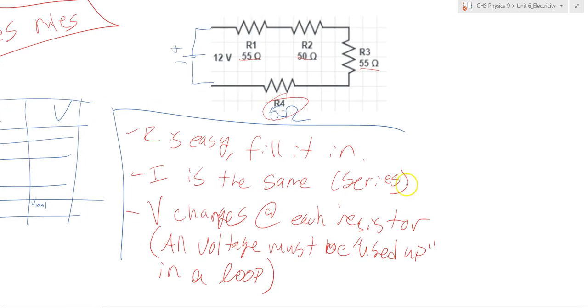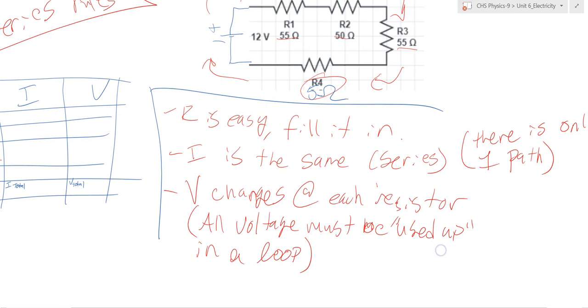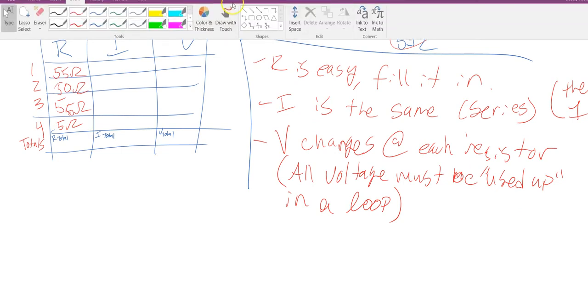And the reason why the current is the same, if you're curious, is because there's only one path going from the battery and around like this. Current can't change because there's only one path. Okay, and so that's your starting point here.